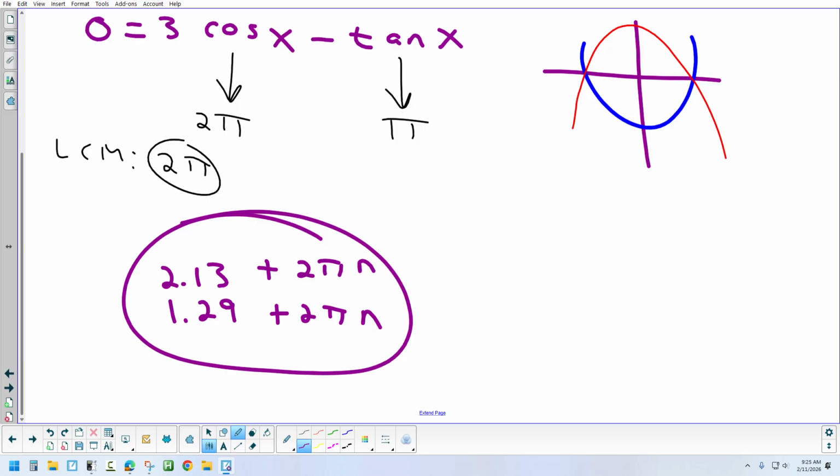So if you do this problem in degrees, you would use 360 n. You'd have to set your window 0 to 360, and you change your answer. This would be different, and those would be different. But you can do it in degrees if it asks you to. If it doesn't, then use radians.